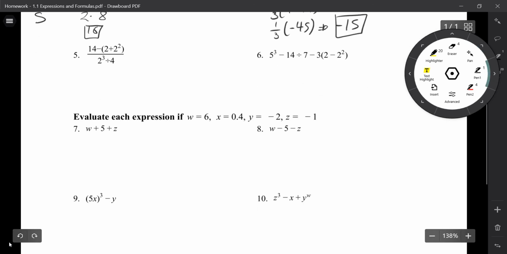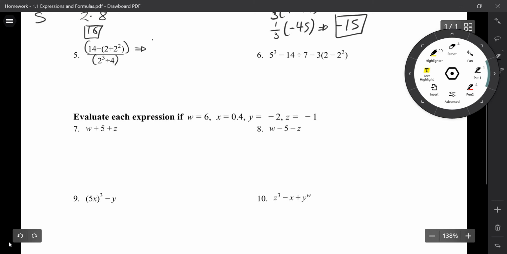For number 5, remember, for large fractions like this, the numerator and the denominator, you can treat those as if they're in their own parentheses. So up on the top, we have parentheses. I'll bring everything over from there first.